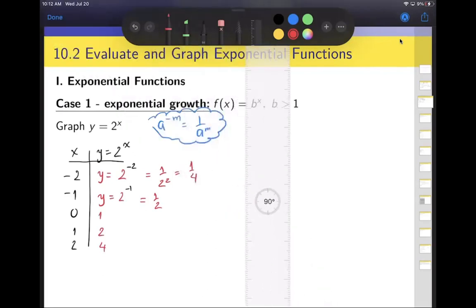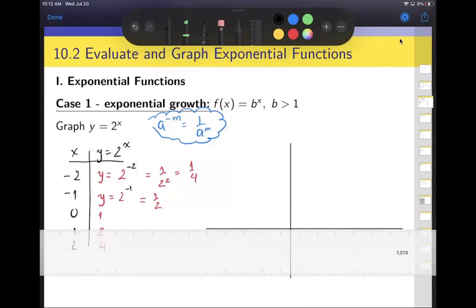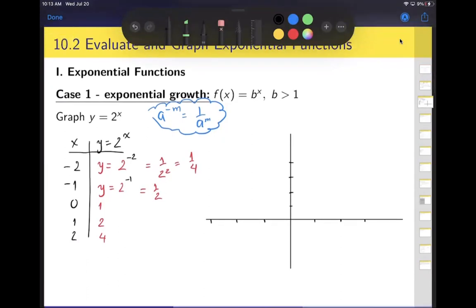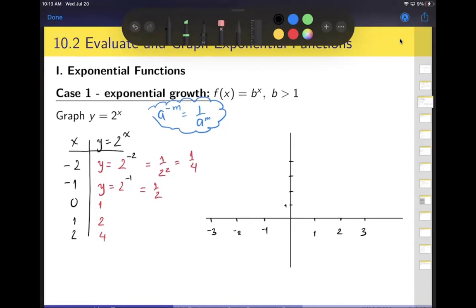So let's graph the function. Let me do some scale here: 1, 2, 3, -1, -2, -3, and 1, 2, 3, 4 on the y-axis.